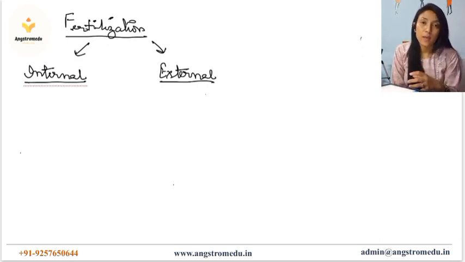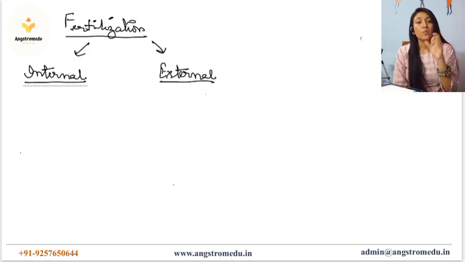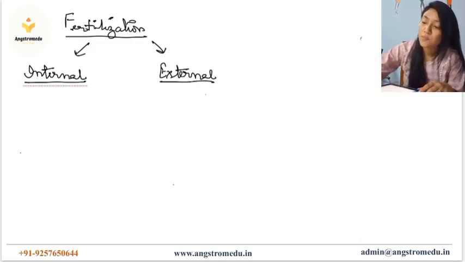Now, what is the meaning of internal and external? Internal means inside and external means outside. When the fusion of gametes takes place inside the body of the mother or inside the body of the female partner, then that is known as internal fertilization. Internal is what?